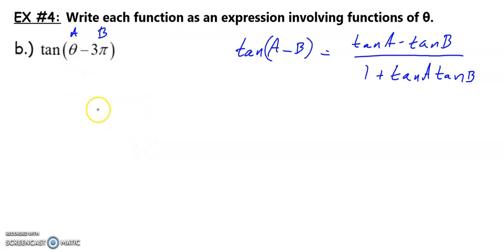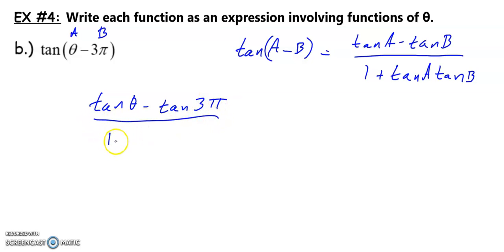All right, so we're going to have the tangent of theta minus the tangent of 3 pi all over 1 plus tangent theta times tangent 3 pi.